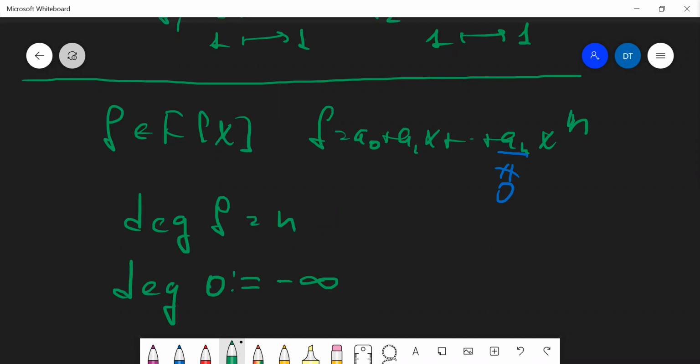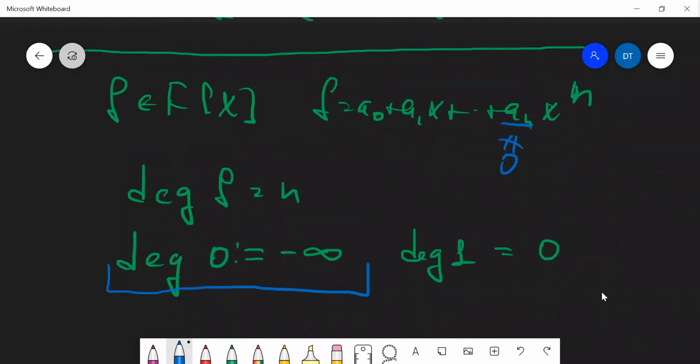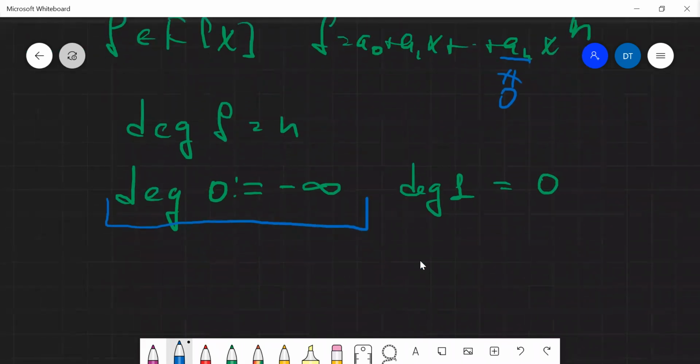So the degree of a constant non-zero polynomial, let's say the degree of 1, is 0, because then a0 is a non-zero coefficient, so we have x to the 0 in front of a0, and that's why the degree is 0. But for the 0 constant, we have this special definition. So we will assume that the degree of the 0 polynomial is minus infinity. I will later explain the reason why we are doing that, but this is the definition.